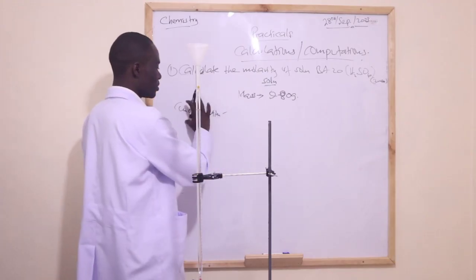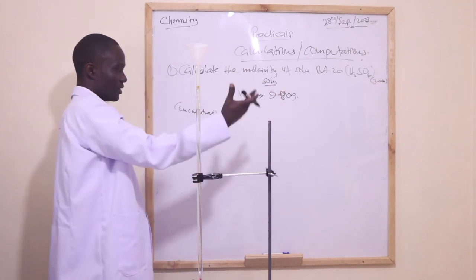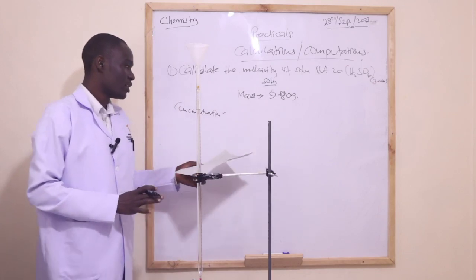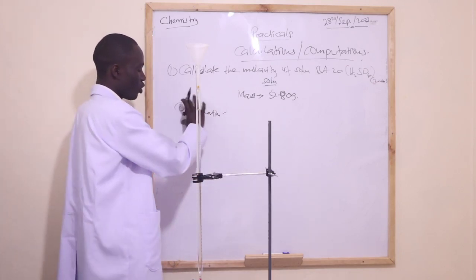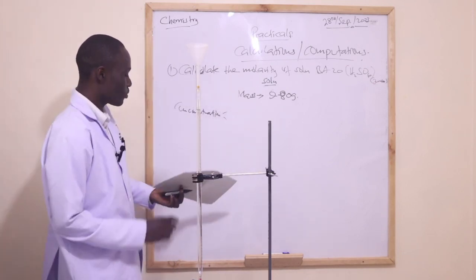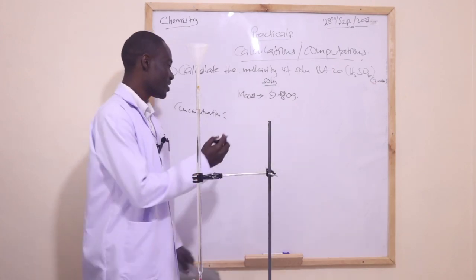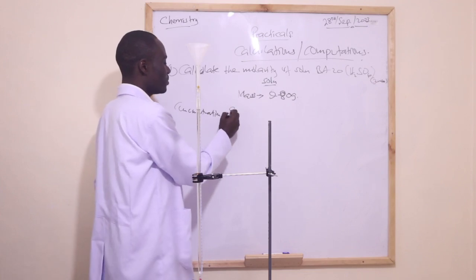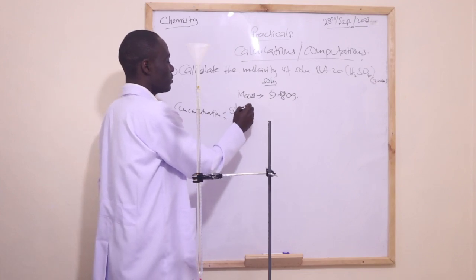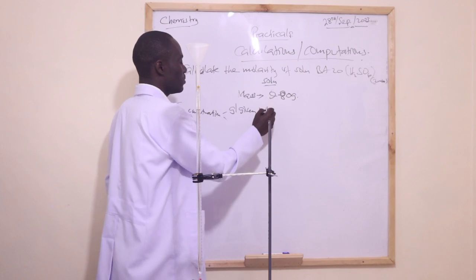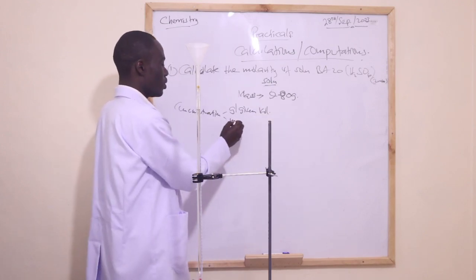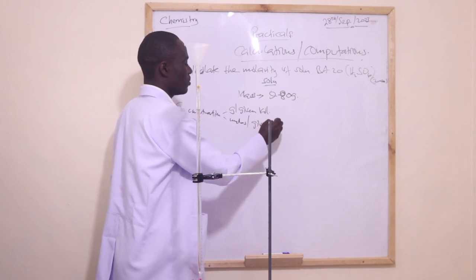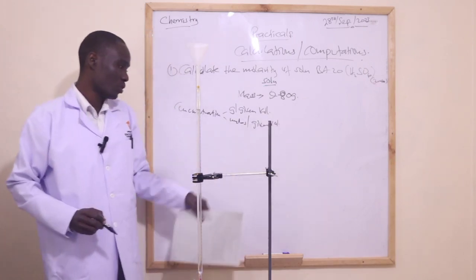Allow me to explain the origin of molarity, because I said before that molarity is coined from concentration. Concentration can be expressed in two ways: either in grams per given volume, or moles per given volume. That's what you need to know.